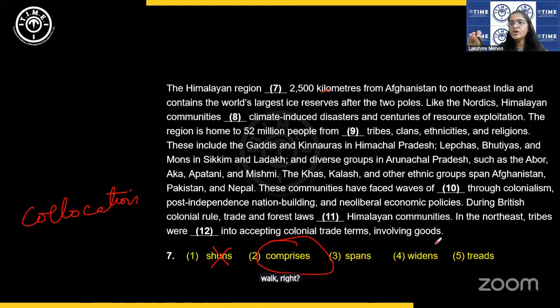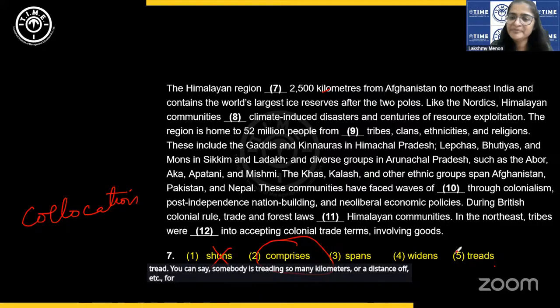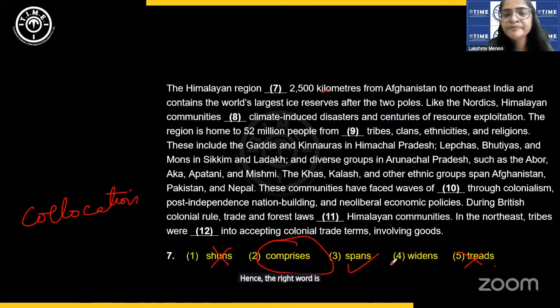To go on foot, to tread or to step over. So Himalayan region cannot tread. You can say somebody is treading so many kilometers or a distance of, etc. for a person. Okay. Hence, the right word is spans.